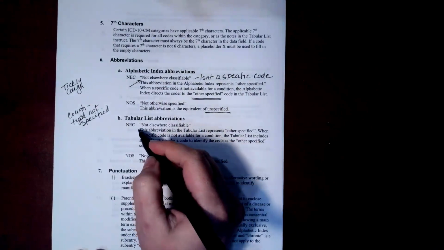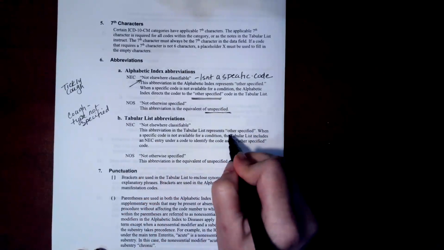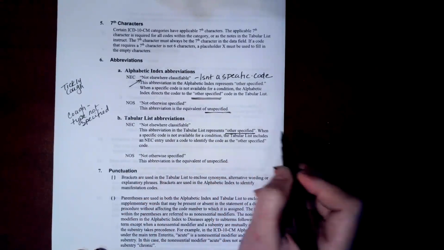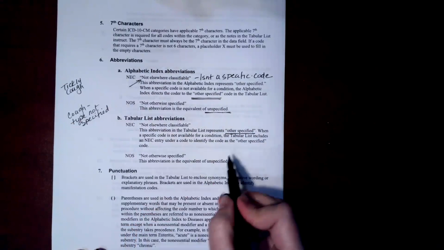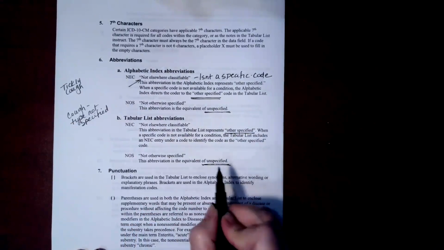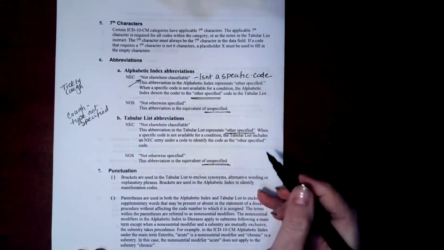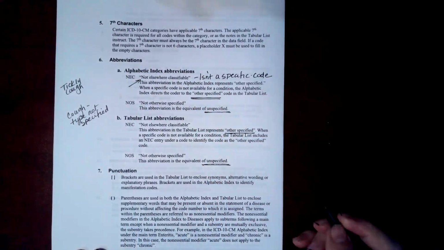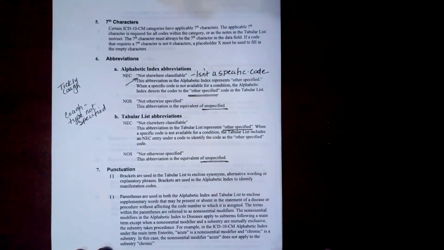Same thing applies here in the tabular list. You've got your not elsewhere classified, meaning your other specified, that tickly cough, or not otherwise specified, unspecified, right? So the same thing applies there when we have those codes. Now we get into specific punctuation that you see within the ICD-10-CM book.